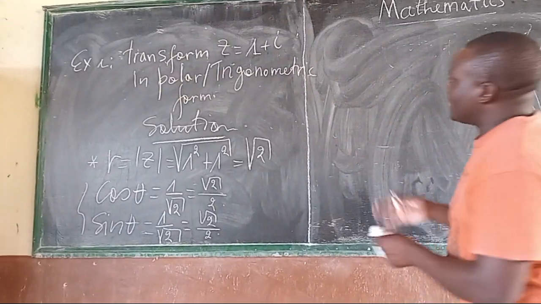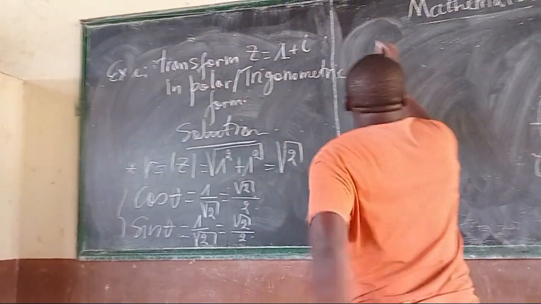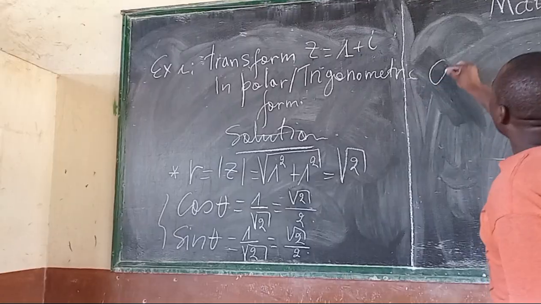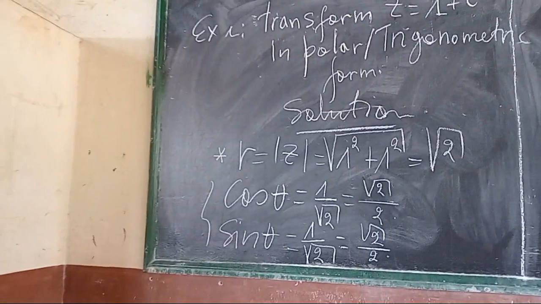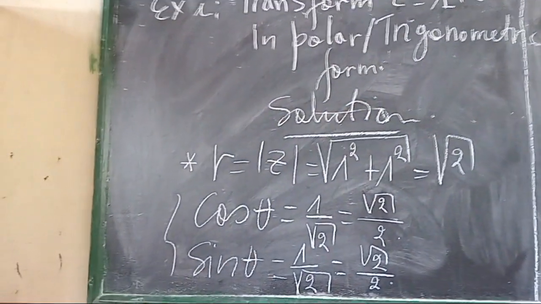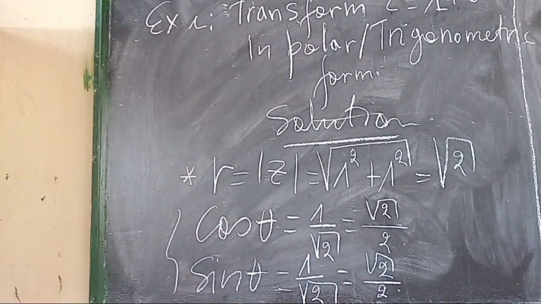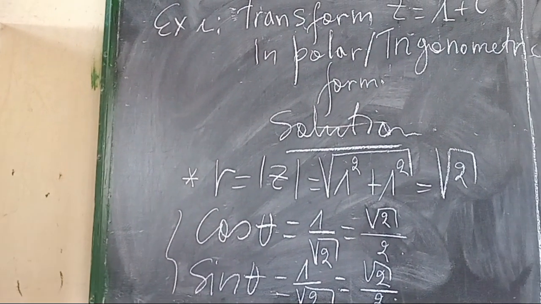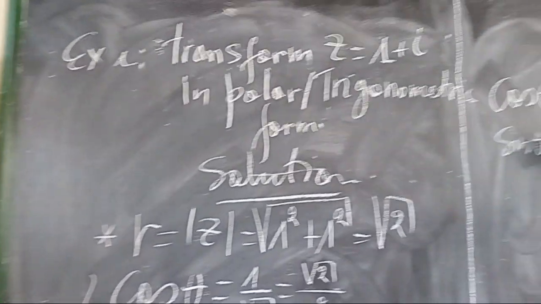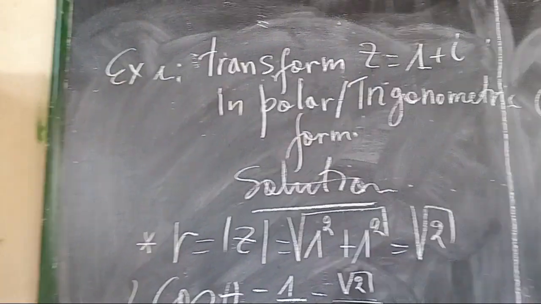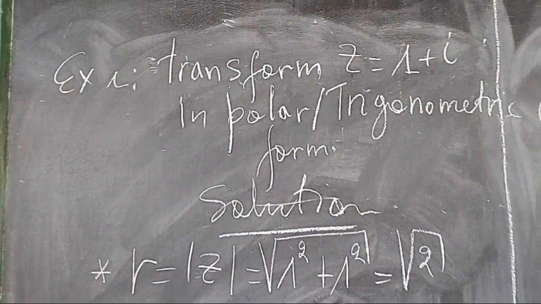As you see cosine of an angle theta equal to how many? Square root of 2 out of 2. Then sine of that angle theta must be equal again to square root of 2 out of 2.